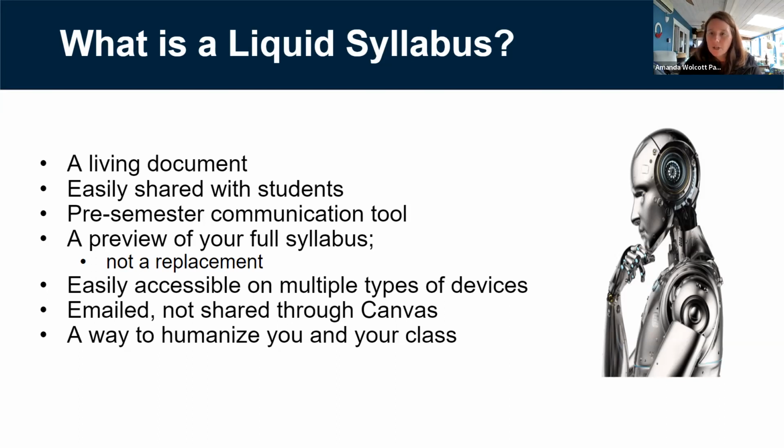We don't always publish our courses until right before the semester starts or even into the first couple days of the semester. So this is something that students will be able to access via their email. You can send it through PeopleSoft. It is just an easier way for students to get some information about your course. It is a great pre-semester communication tool.